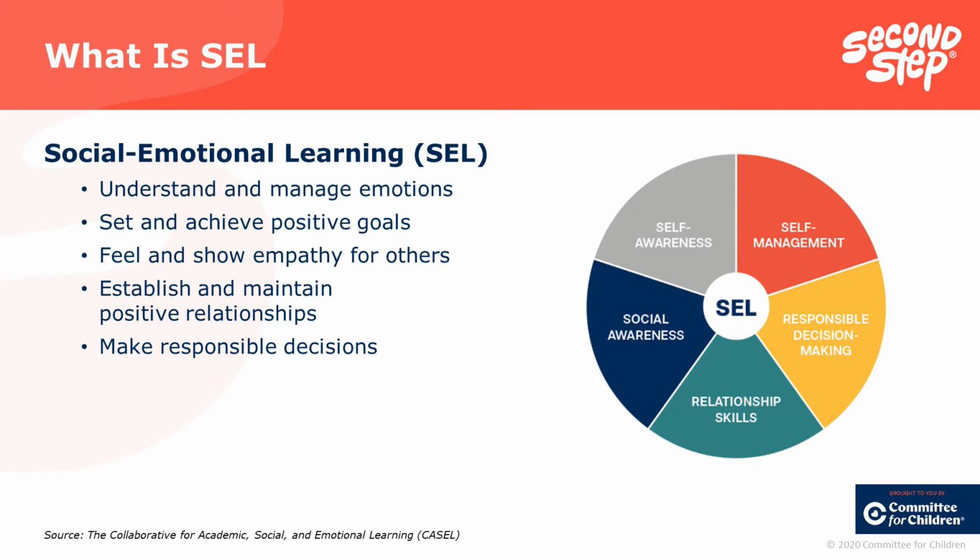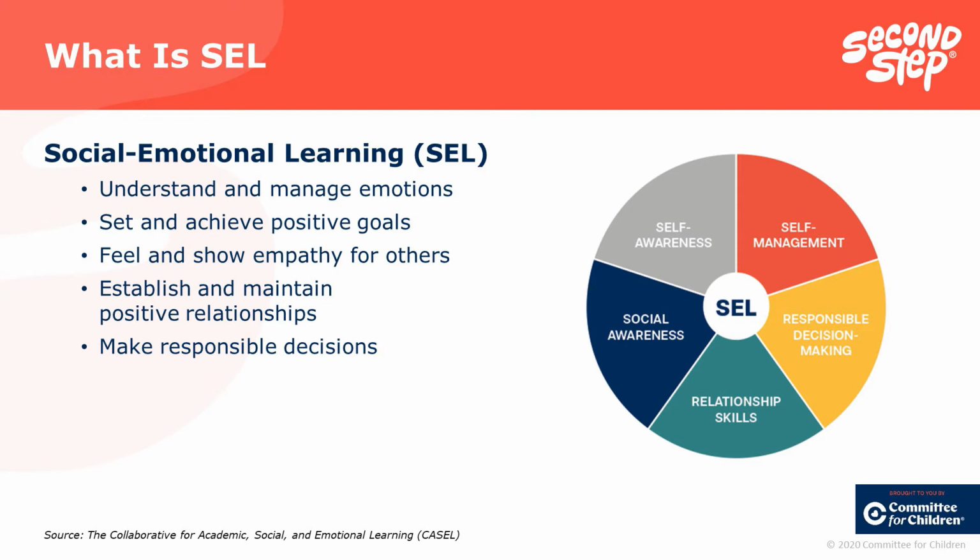On this slide, you can see the 5 social emotional learning competencies, based on the work by the Collaborative for Academic, Social, and Emotional Learning, also known as CASEL. If you're not aware of CASEL, I definitely recommend that you go to their website, casel.org. They have a ton of great research and things that might be of interest to you. Those 5 competencies are self-management, responsible decision-making, relationship skills, social awareness, and self-awareness.